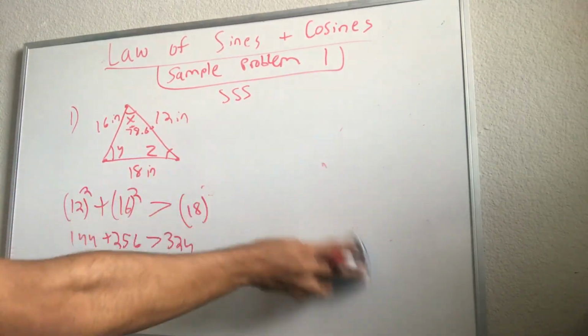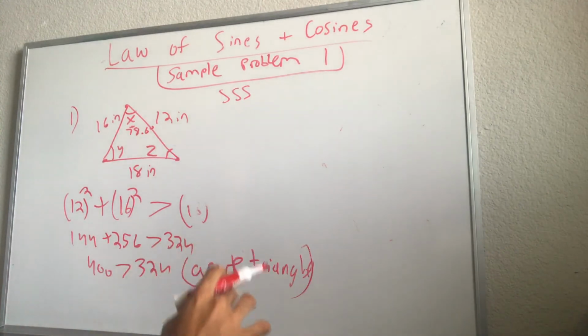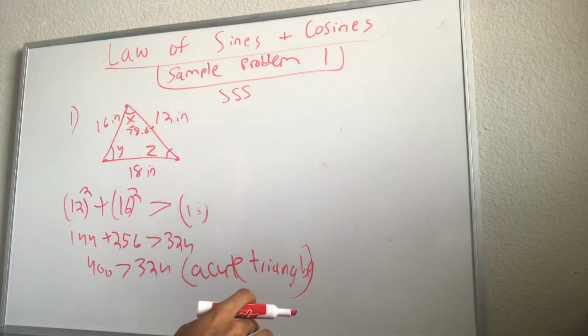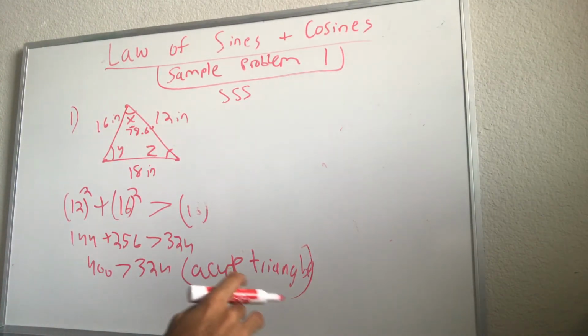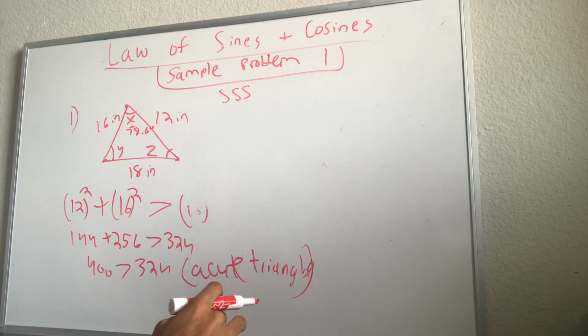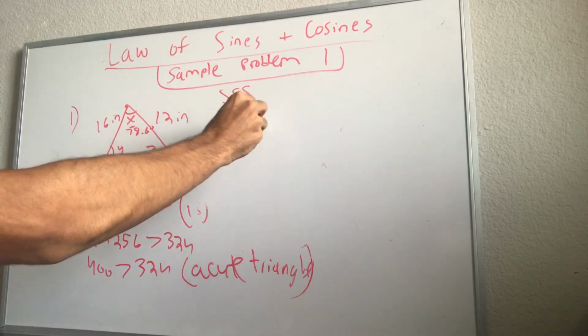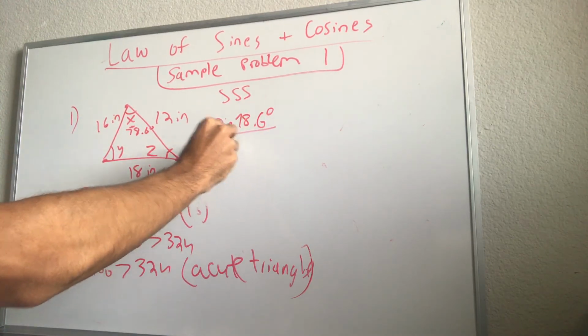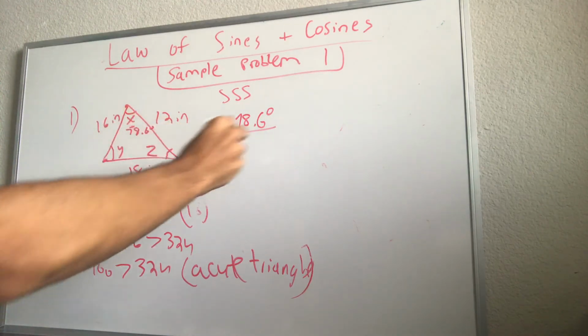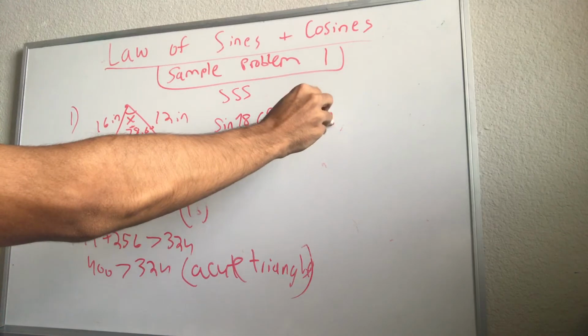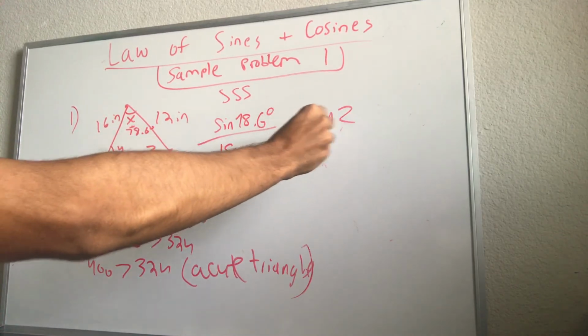We know this is an acute triangle, right? All of the angles must be less than 90 degrees. Looking at this, we know that 78.6 degrees is the measure of x. So now we can say that sine of 78.6 degrees divided by 18 must equal sine of z divided by 16.